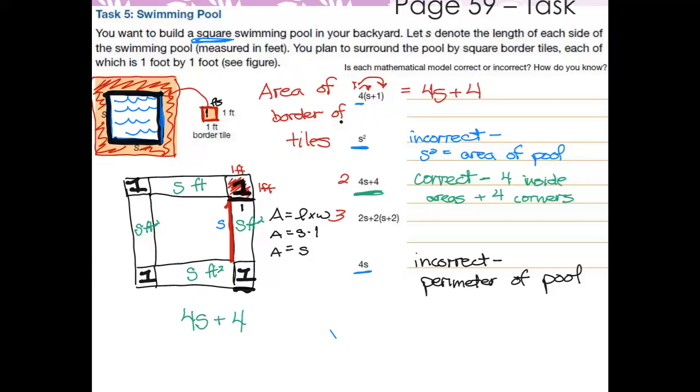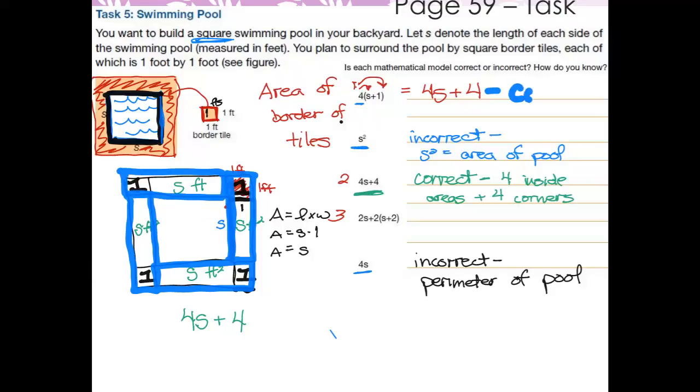And this looks like it's going to be the same. How did they get S plus 1? Well, here's your S. Let me make that larger. S plus 1, they're using a slightly bigger rectangle. Here is S plus 1. Here is S plus 1. And here is S plus 1.